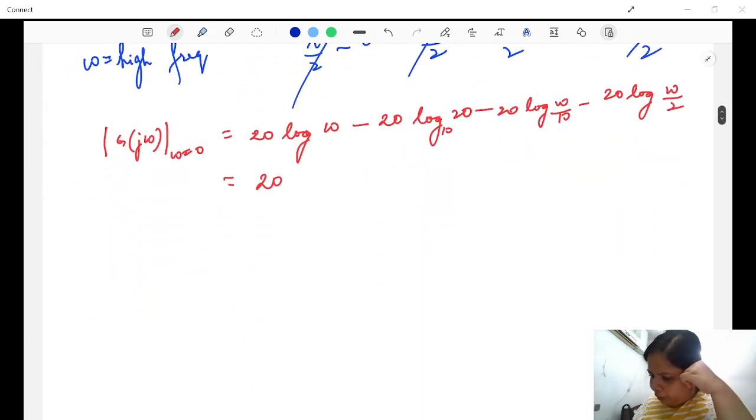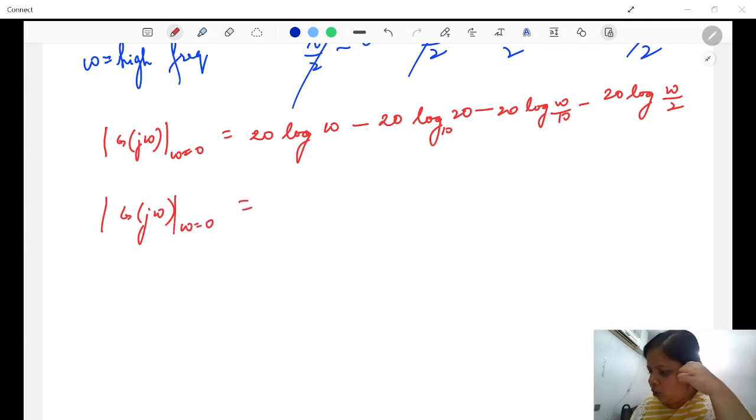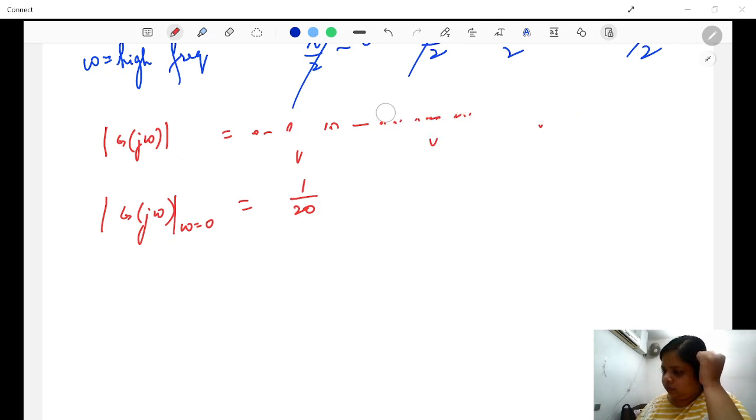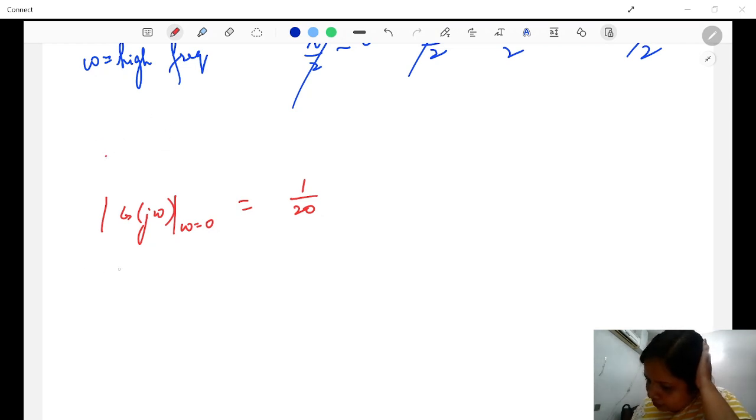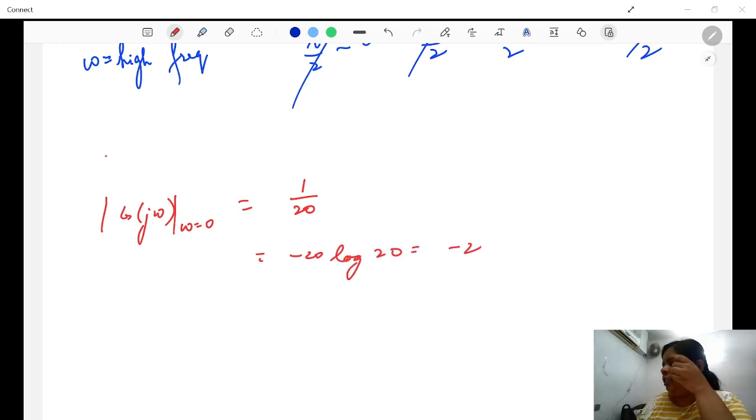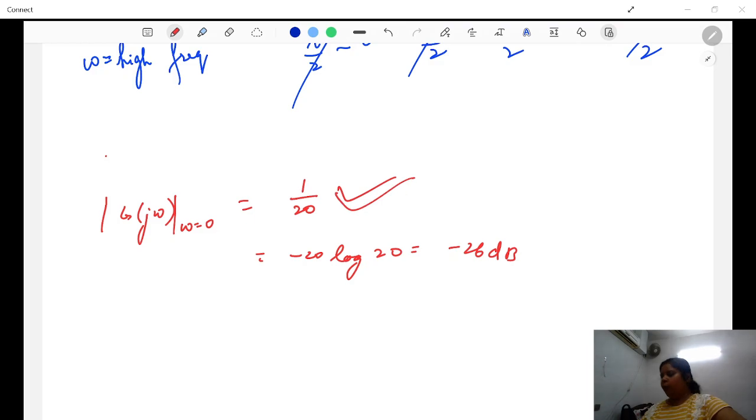Try to come to this point that you get g of j omega, as omega is equal to 0, to be equal to 1 by 20. Just the magnitude. See if you get this. Forget this thing. Then we'll convert it into dB format. And when we write it in that format, it would be minus 20 log of 20, which is minus 26 dB. But how do you get 1 upon 20?